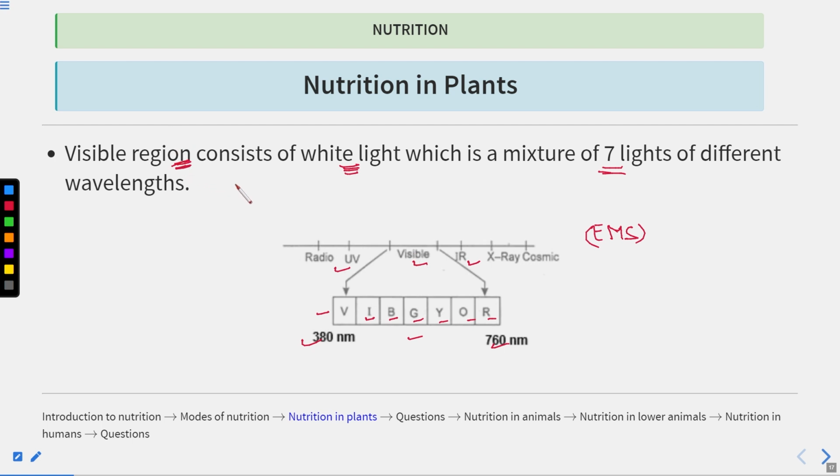It means we can see in this region. This region is perceived by the human eye, and this region is also absorbed by the chlorophyll pigment.